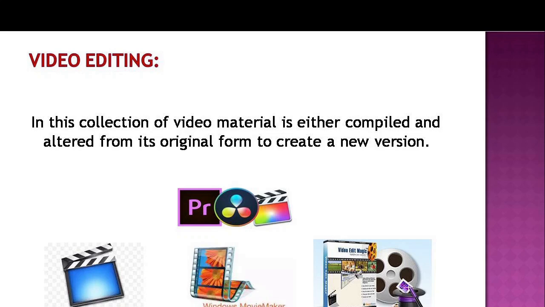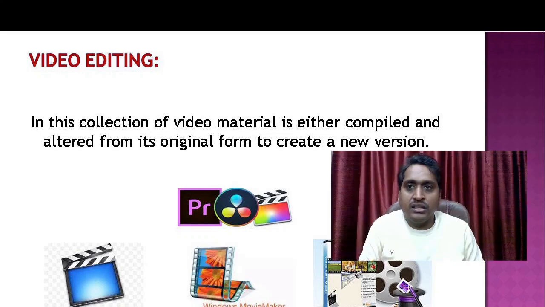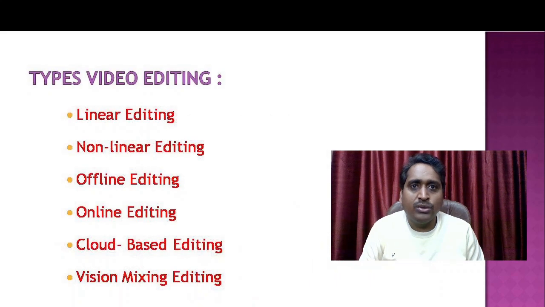The tools of video editing are iMovie, Windows Movie Maker, Video Edit Magic, etc. Now we move to types of video editing. Video editing includes cutting segments, resequencing clips, and adding transitions and other special effects.